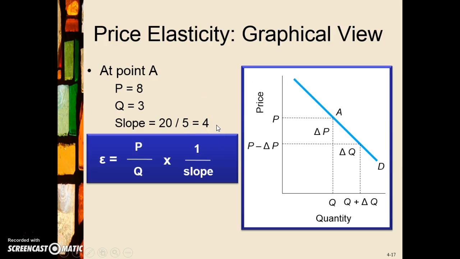If I ask you what the price elasticity of demand is at point A, you would put 8 in for the P, 3 in for the Q, and then 1 over the slope of 4 is 1/4. So the elasticity at point A is 0.67, or 2/3. Now you have two different ways to calculate elasticity: with two prices and two quantities, or at a point on a slope.